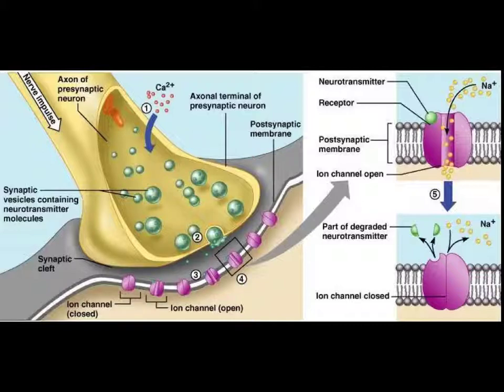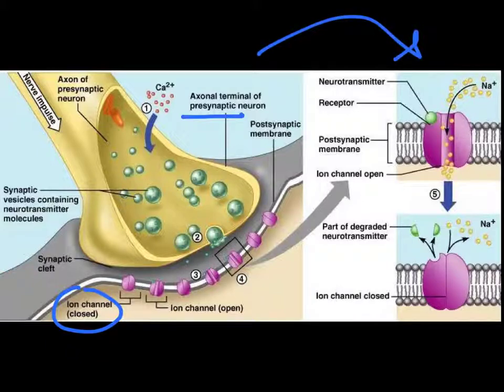Well, remember that we've got these neurotransmitters. These neurotransmitters are being released from the axon terminals of the presynaptic neuron, and they're being released towards these receptor molecules, these ion channels. We're going to call them receptor molecules. These receptor molecules grab hold of these neurotransmitters, and let's take a look over here now.